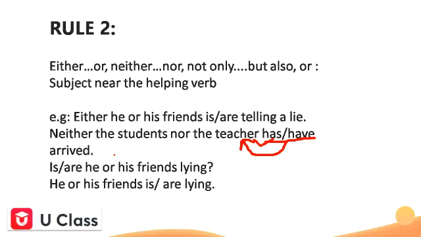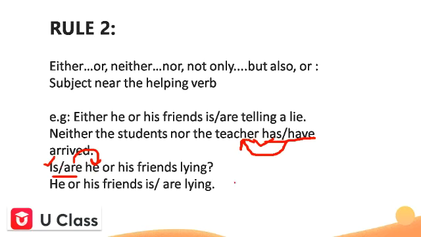Very good. Yes, the correct answer would be is. Why? Because is or are is the helping verb. The subject near to the helping verb is he. Now, according to he, the verb should be is. Therefore, is he or his friends lying is absolutely correct.